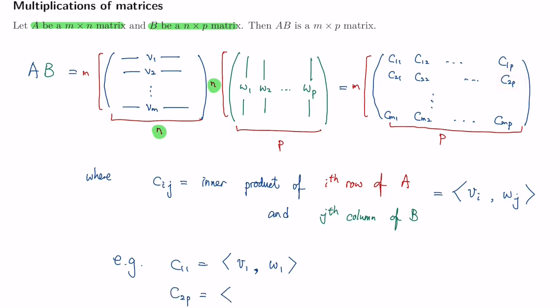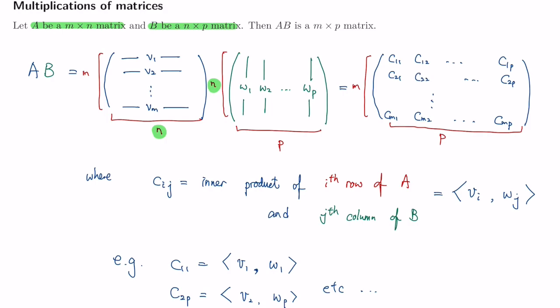How do I get the 2p entry of the product? That is by taking the second row and the pth column and taking the inner product together. So phi2 and Wp, etc. This is how we define the multiplication of two matrices.